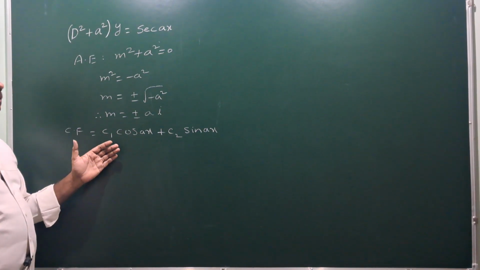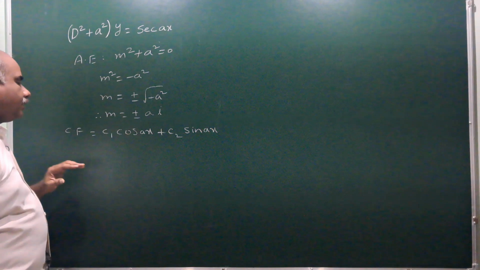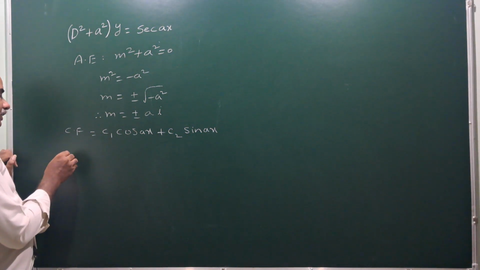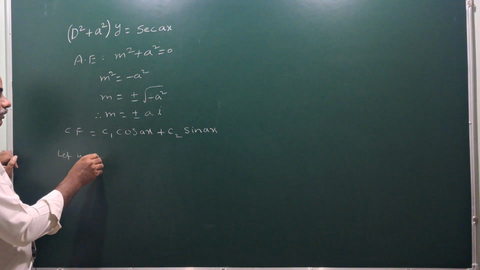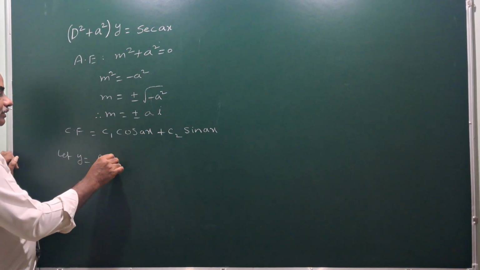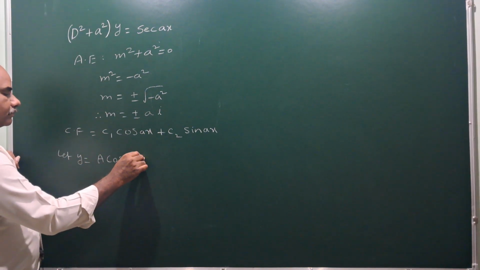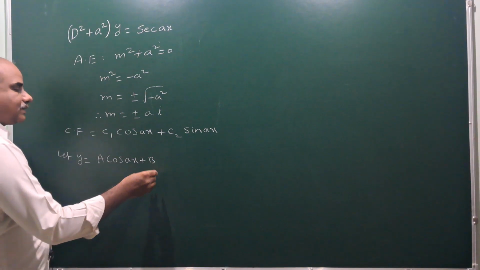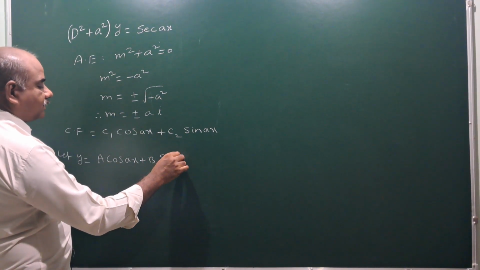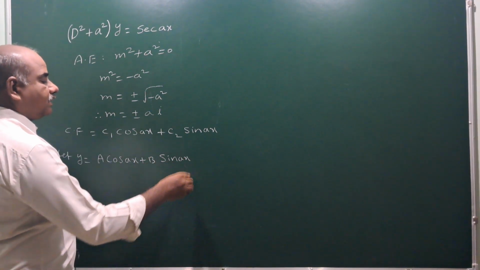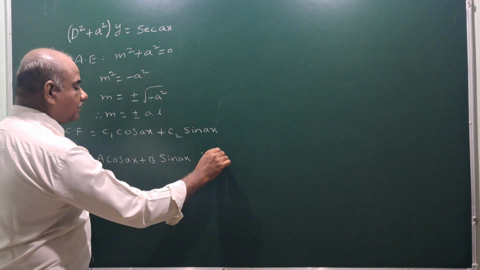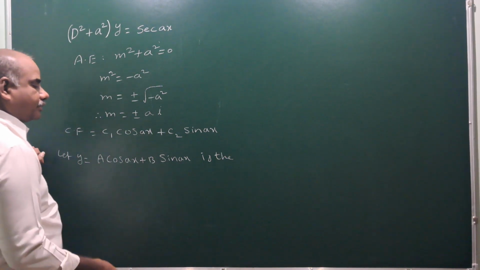Using this complementary function, we write the general solution. Let y = A cos ax + B sin ax be the solution of the given differential equation.